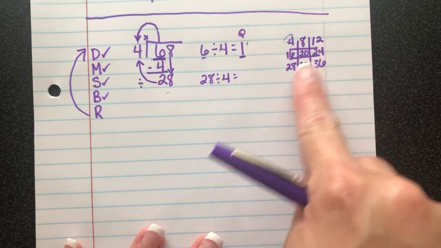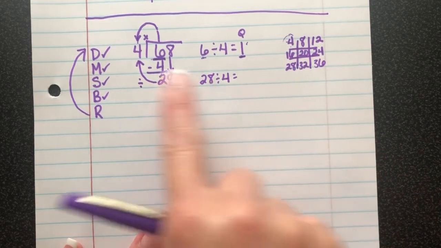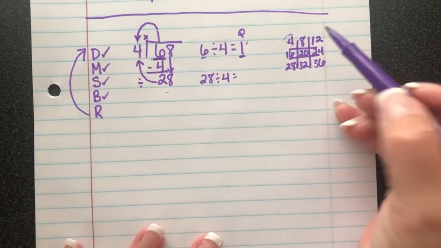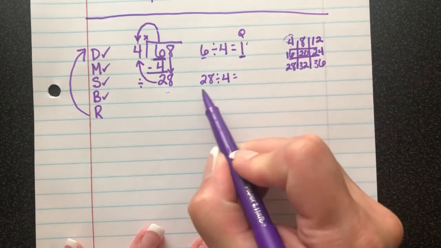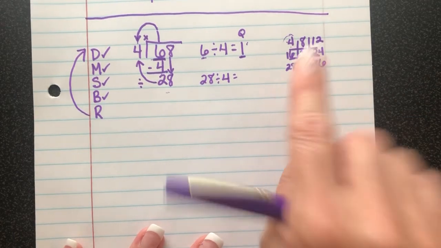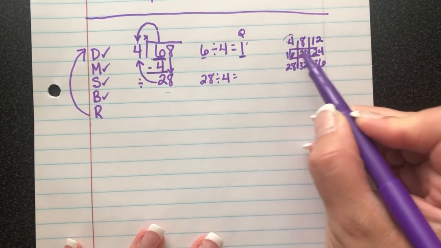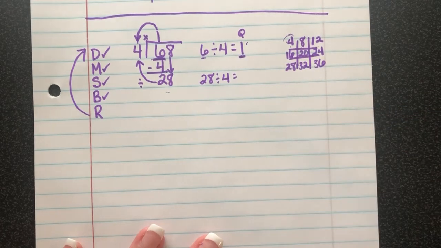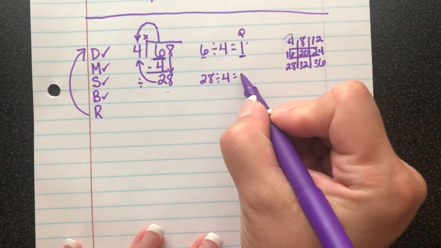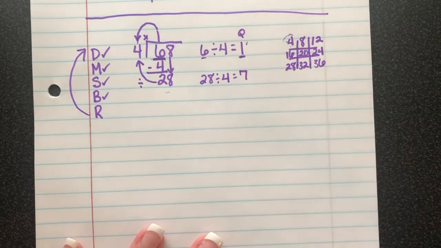Draw that hashtag, fill it in with multiples of your divisor. In this case, it's 4, okay? And I can see, I can get exactly 28 right here. That's 1, 2, 3, 4, 5, 6, 7 groups right there, okay? So 28 divided by 4 is going to be 7, okay?